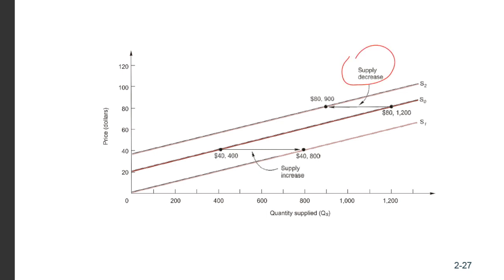What other variable? This is supply, Nivette. So let's go back to see. So what would cause the supply decrease? So let's see. Go back to our variables.